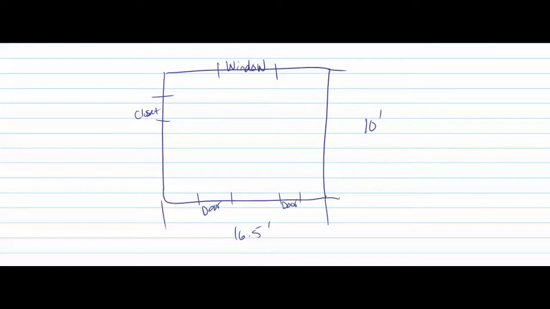And then you're going to draw in any furniture that you currently have in the space. So in this case, since we're using the example of the bedroom that we did for week 1, they had a bed up against this wall, 2 nightstands on either side, they had an armoire over here, and they had a chest of drawers here.